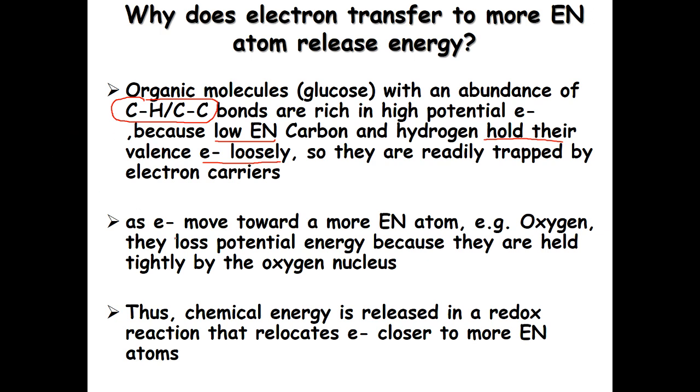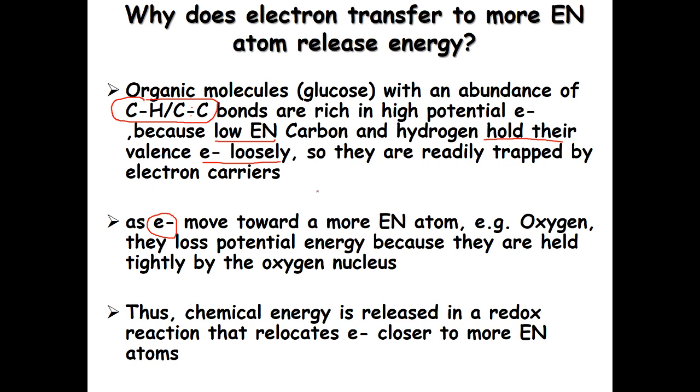So here is another concept. When electrons move toward a stronger electronegative (EN) atom, for example, the electrons from this carbon-carbon bond, if our body steals them and puts them in with oxygen, so it's moving from a low EN to a high EN element, the oxygen, since it's holding the electron so much stronger, the energy is going to be released.